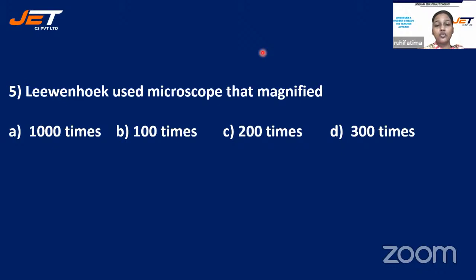Leeuwenhoek used a microscope that magnified dash: 100 times, 200 times, 300 times, or 1000 times. Very easy question, students. Quickly answer this question in 30 seconds. I'm waiting for you.